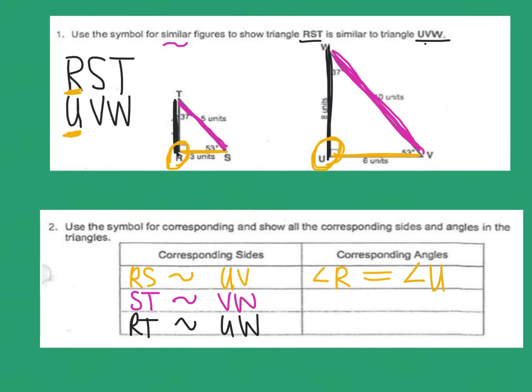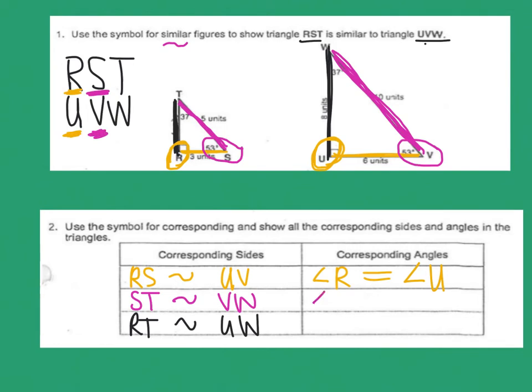Then if I go look at the S, it had a 53 in it. It was the second letter in the name. When I look at the big triangle, V has a 53, and it's also the second letter in the name.